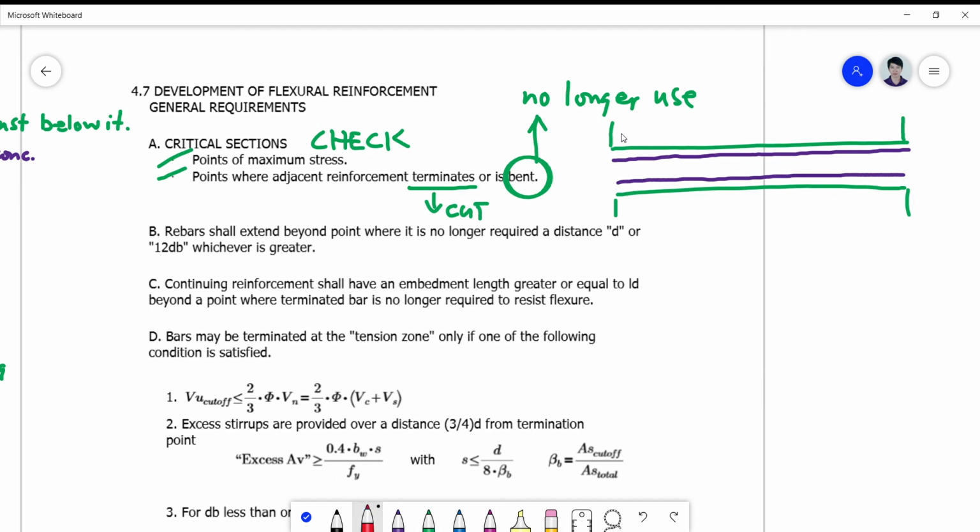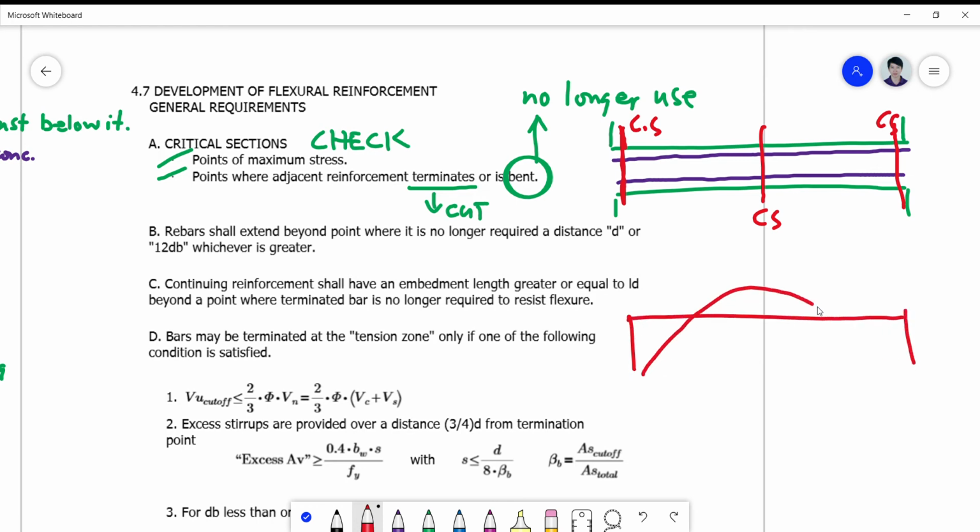We have a maximum moment here, so somewhere here is a critical section. I have also a critical section here, and also a critical section at the midspan, because my moment diagram is actually like this. So we have a maximum moment here, and a maximum moment here, and a maximum moment here. Although only one is bigger, we have a big moment on this portion.